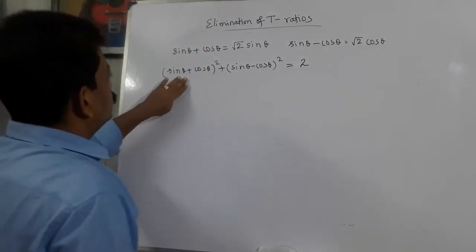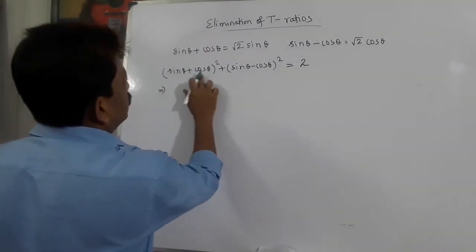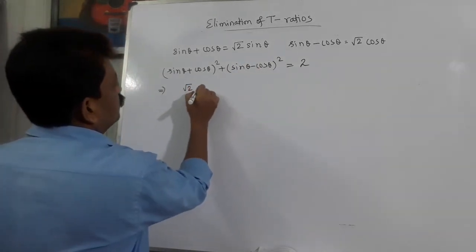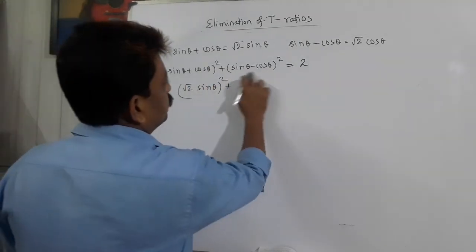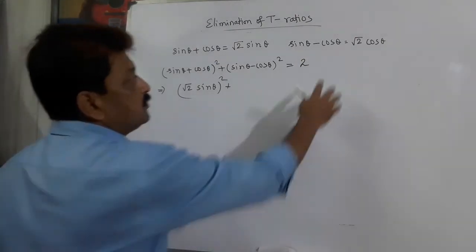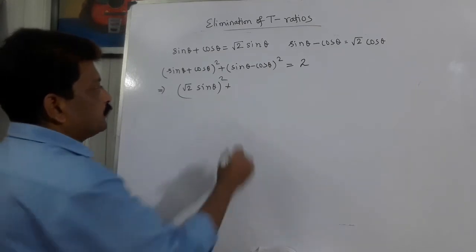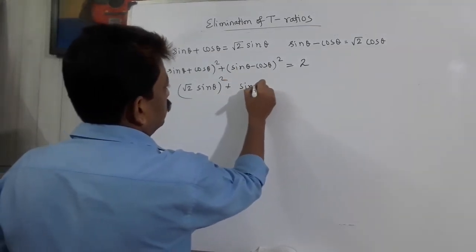Now let me simplify. This is sin theta plus cos theta, whose value is root 2 sin theta, so it will be root 2 sin theta whole square, and this is the question part. We have to find this value and check whether it is matching with sin theta minus cos theta equal to root 2 cos theta or not. So sin theta minus cos theta, we don't have to put any value, we have to find it.